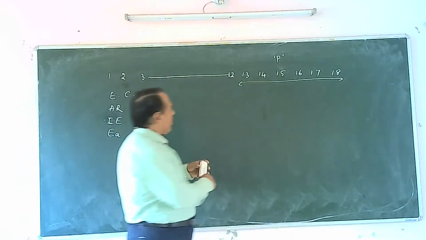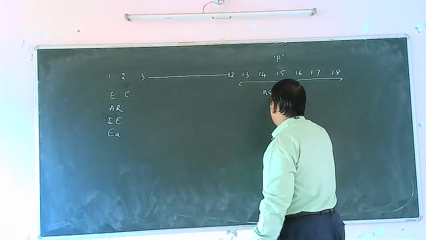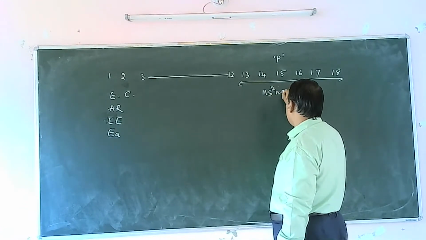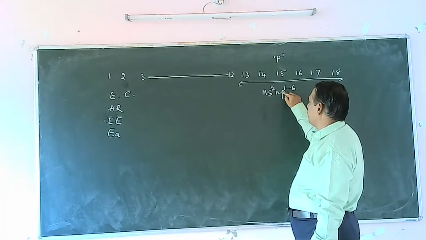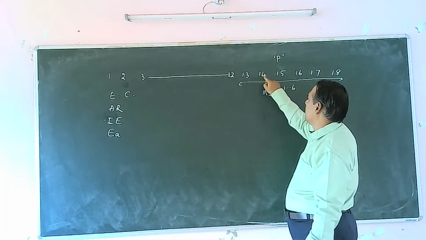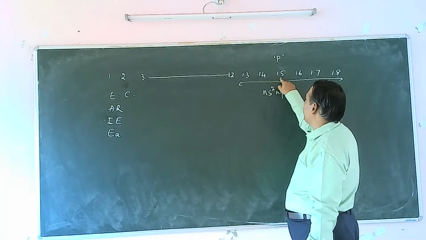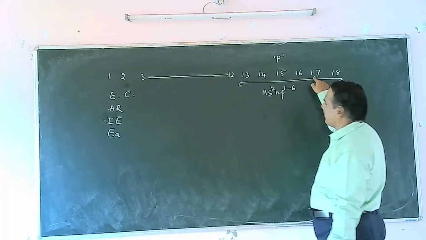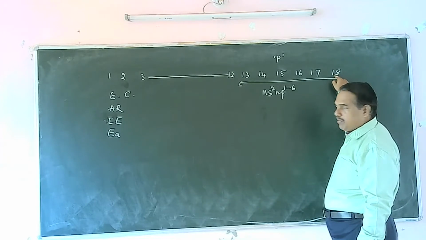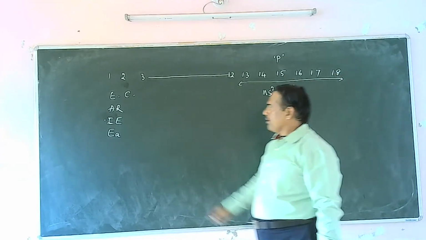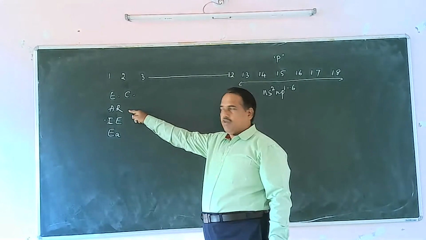See, P block elements have a general electronic configuration ns2 np1 to 6, where the p orbital starts to fill from group 13: p1, p2, p3, p4, p5, and p6. This is nothing but the 18 group noble gas elements. Then atomic and ionic radius.